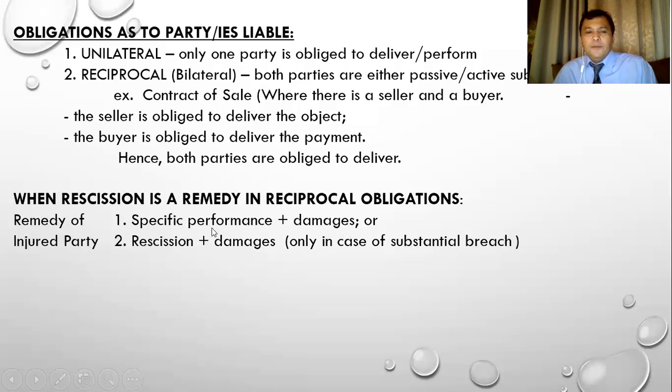However, if number one is no longer available, if the buyer is hesitant to pay, will not pay, then the seller has the remedy of rescission. Of course, plus damages. So this only happens in case of substantial breach.